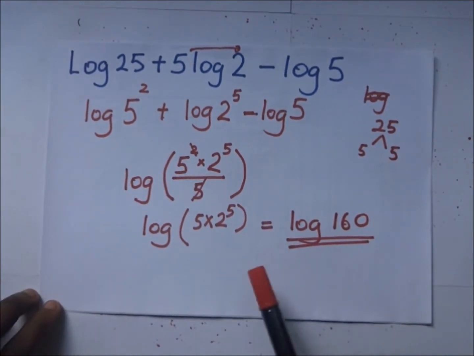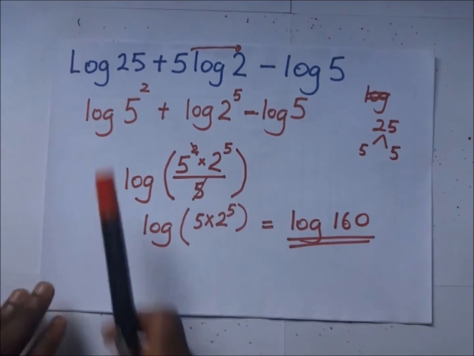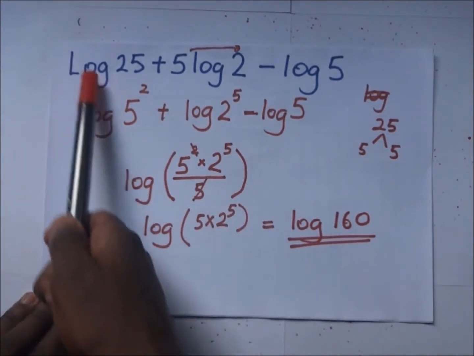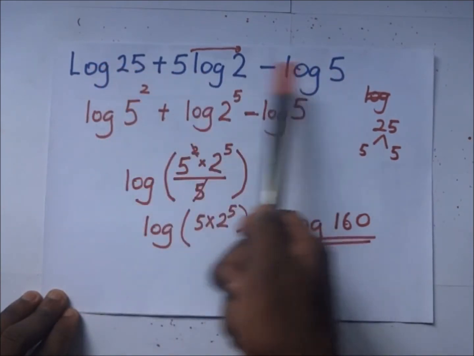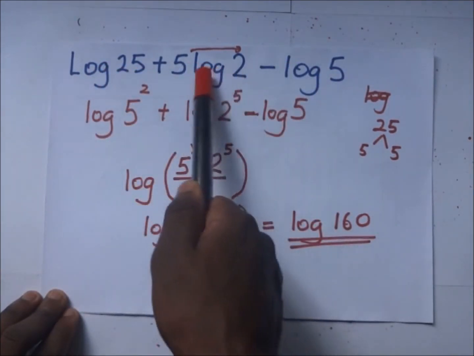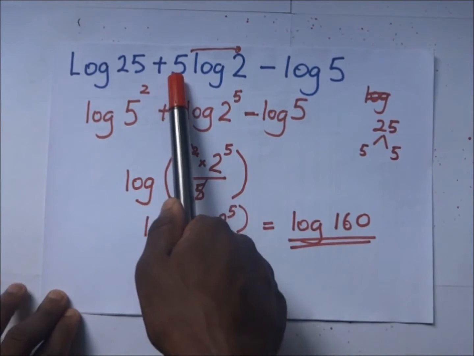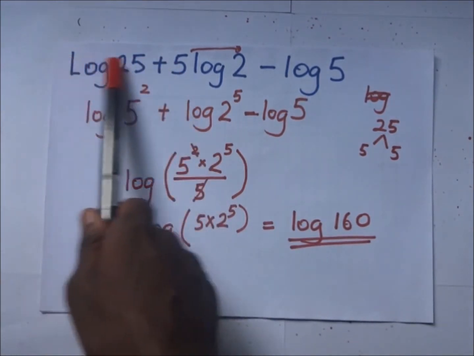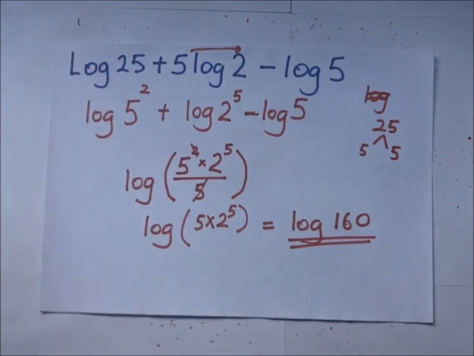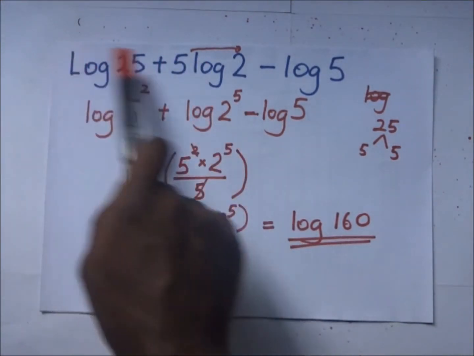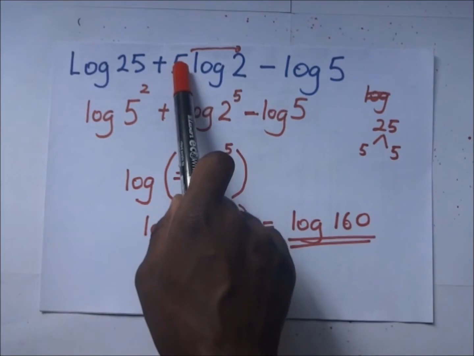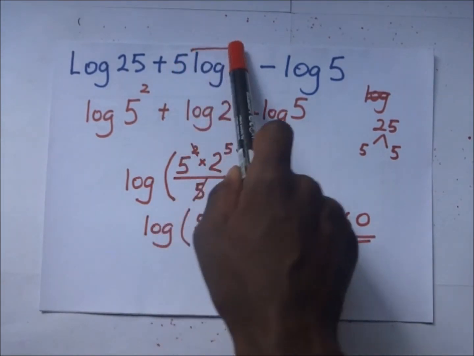As you realize in this number, when we started it off, we had to first make sure that the coefficients of these logarithms are 1. If you look at all these logs, this is 5 log 2, the coefficient of this is 5. For us to apply any property of logarithms, either addition or subtraction, we had to make sure that each coefficient of the log was 1. That's why we shifted that 5 to come up there.